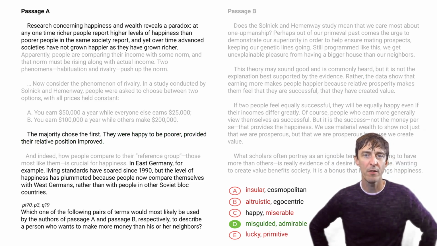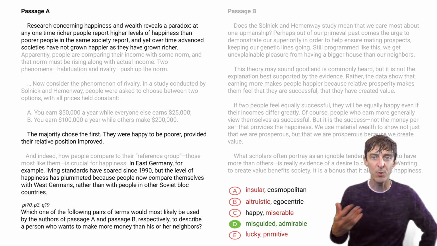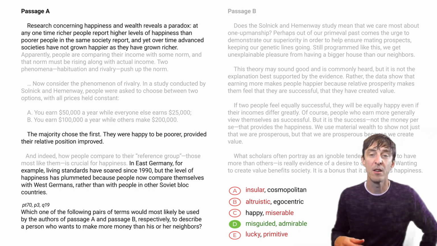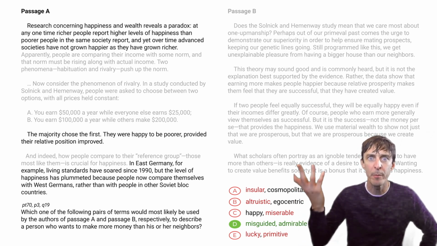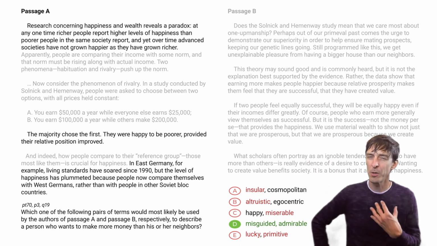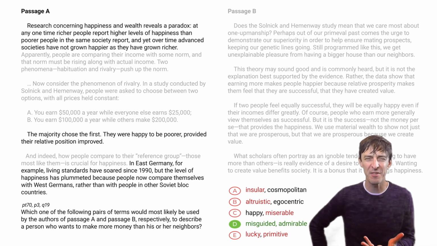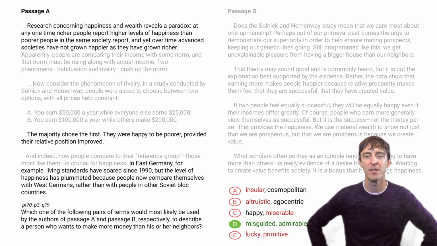In the first paragraph, you have the author saying it's pretty paradoxical that as we make more money, we're not getting happier. And then towards the end, she's saying most people were happy to be poorer as long as they were making more money than their neighbors. Notice that I'm adding a lot of sarcastic tone to this because I'm trying to see could I infer some tone here that I didn't read the first time?